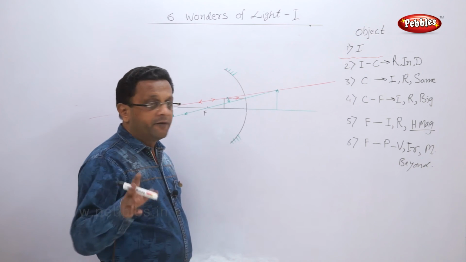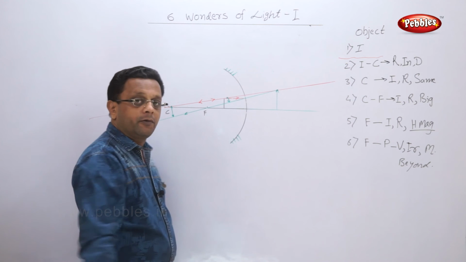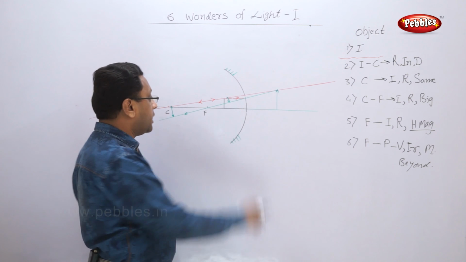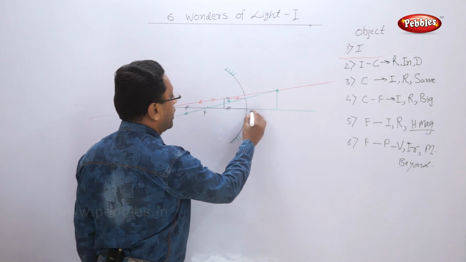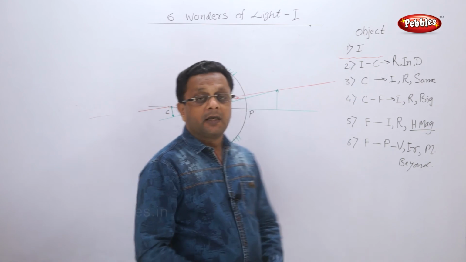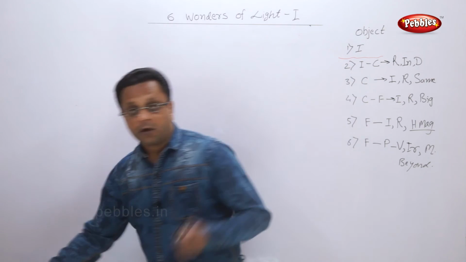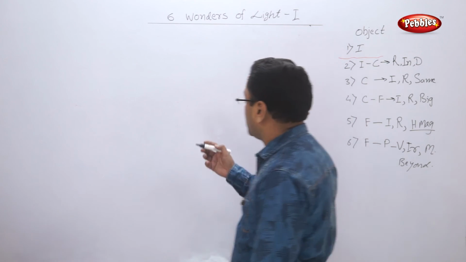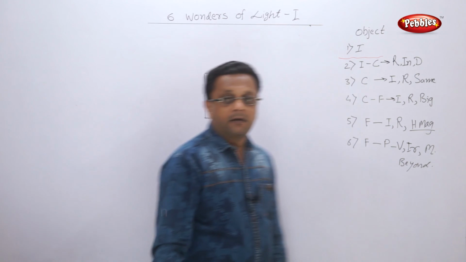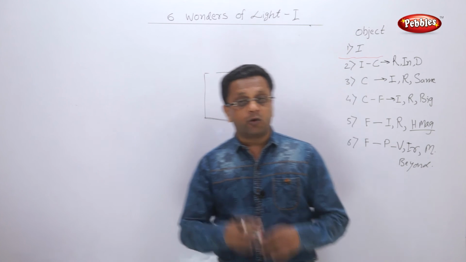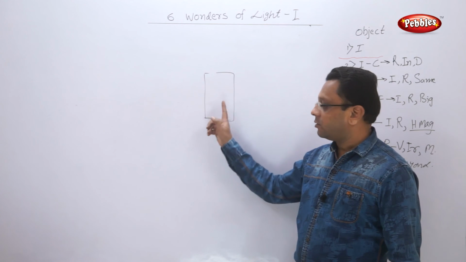So mind well in this figure. First draw the principal axis, then with the use of a protractor draw a concave or convex mirror, whatever it is. Then take the same distance from P to F and F to C. Sometimes one more thing I want to tell you is that your foolscap paper, that is your answer sheet, is like this, and many times or most of the time it will not be possible to draw these figures on this sheet.